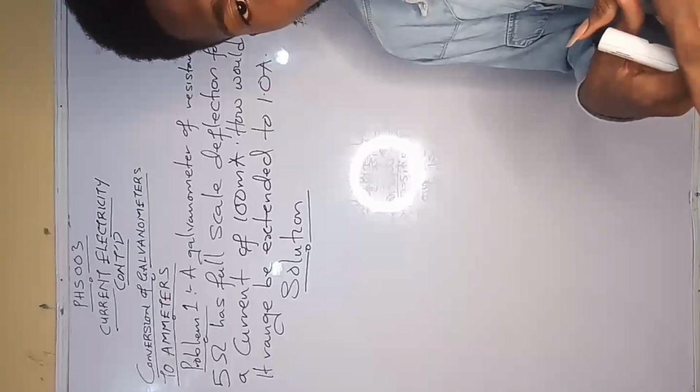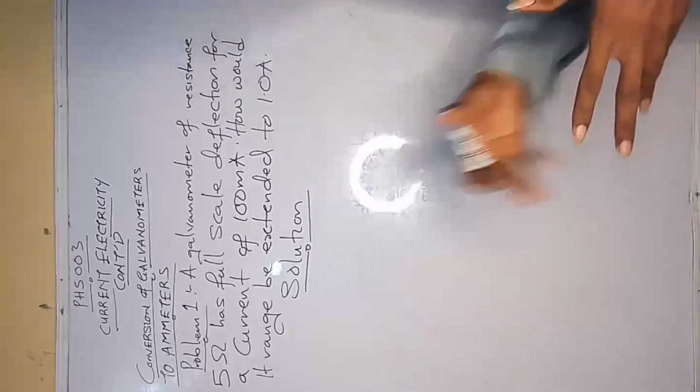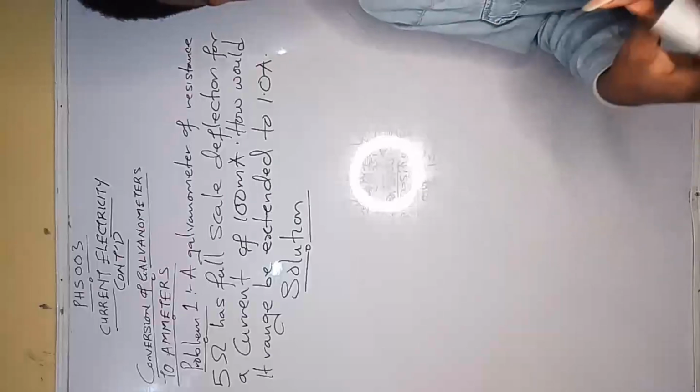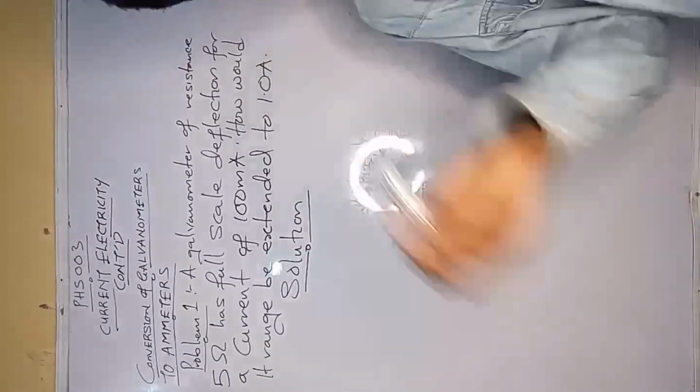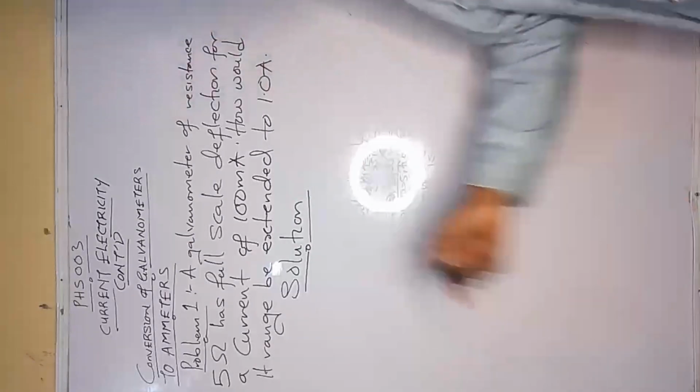What they want you to point out from your answer is what should be the value of the resistor, and how are you going to connect it? Of course, look at the first thing you are going to point out here.